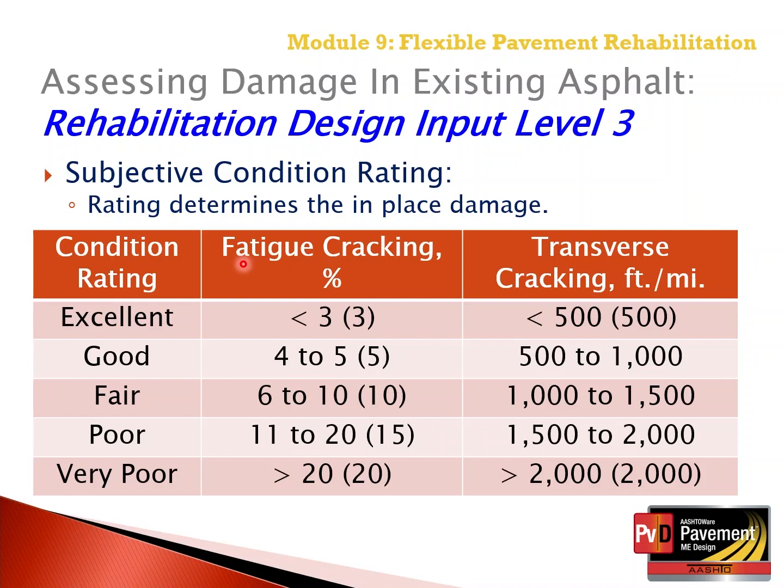It's a very crude way to rate the condition, which is subjective, of the existing asphalt or flexible pavement. The condition rating, defined in the manual of practice, relates to a percentage of bottom-up fatigue cracks as well as a determined length of transverse cracking, for the condition rating going from excellent, good, fair, poor to very poor.